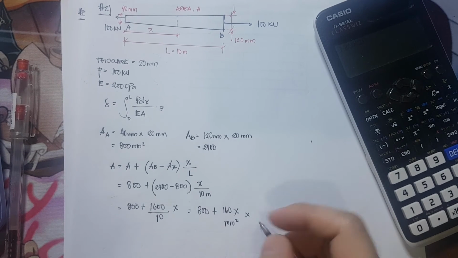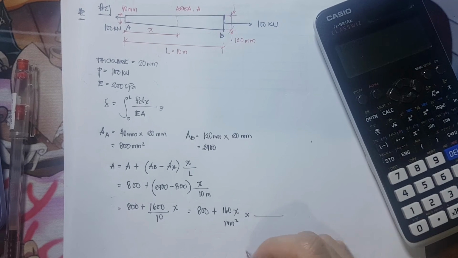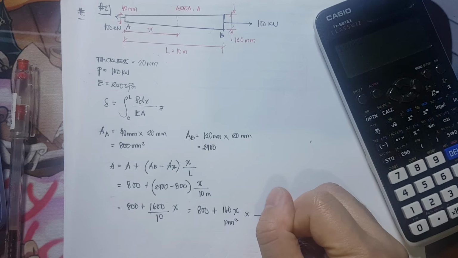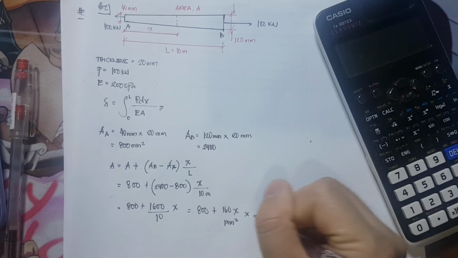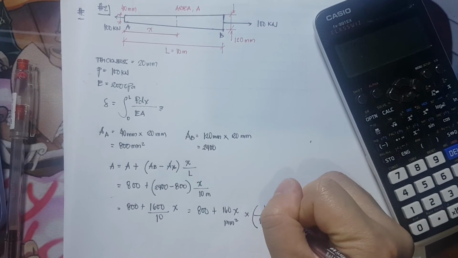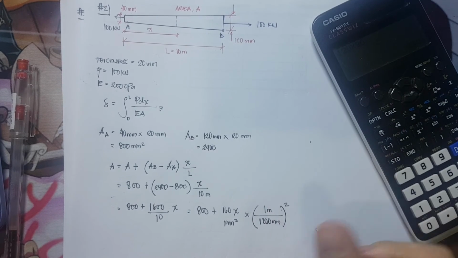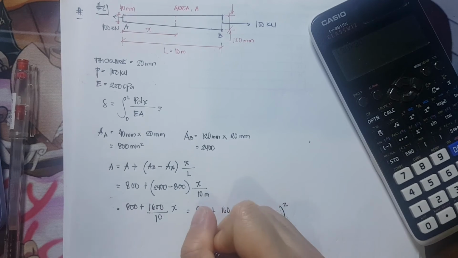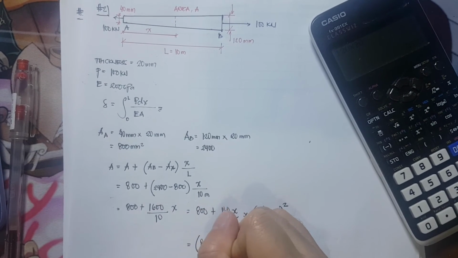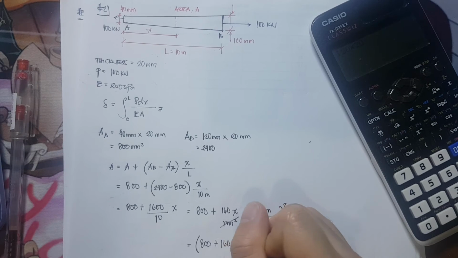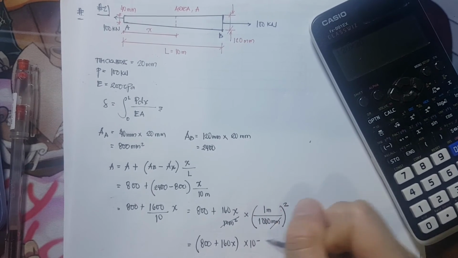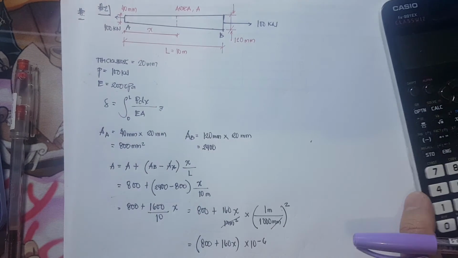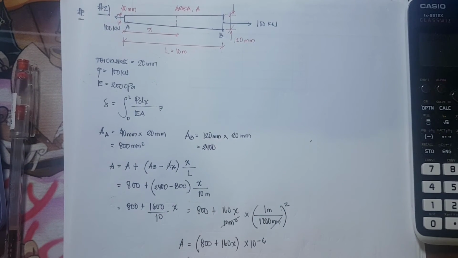For every 1,000 mm we have 1 meter, and the squared units will simply cancel out. So this is 800 plus 160x times 10 raised to negative 6. We already have our equation for A.